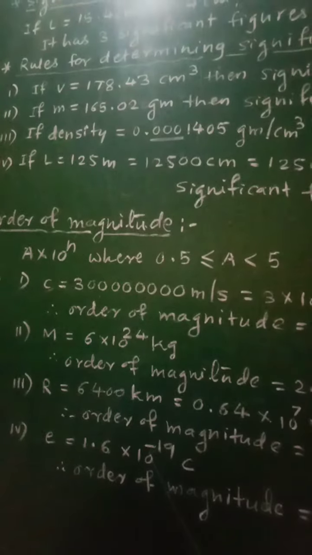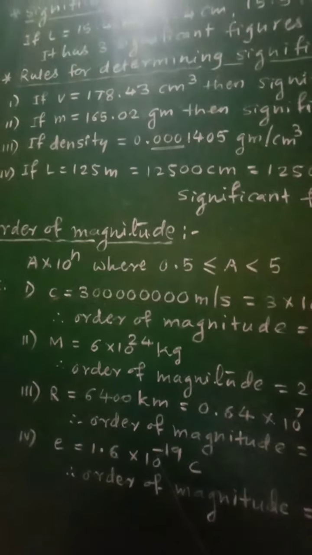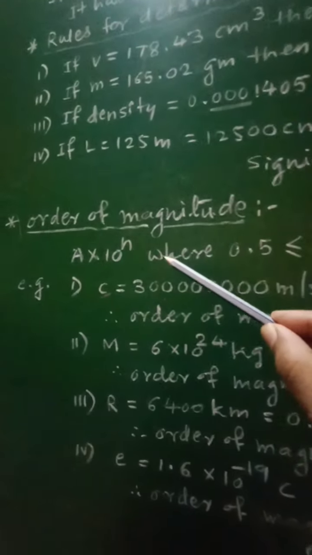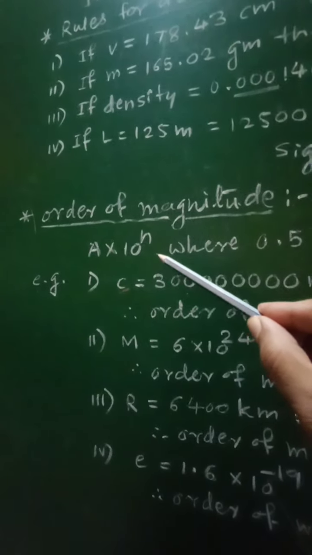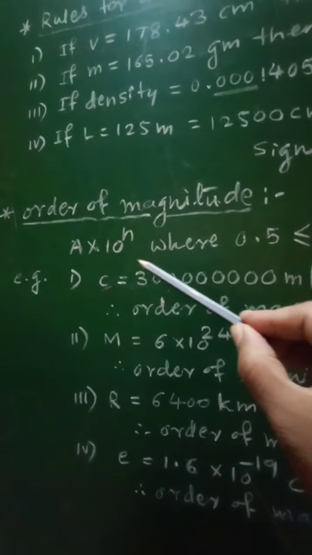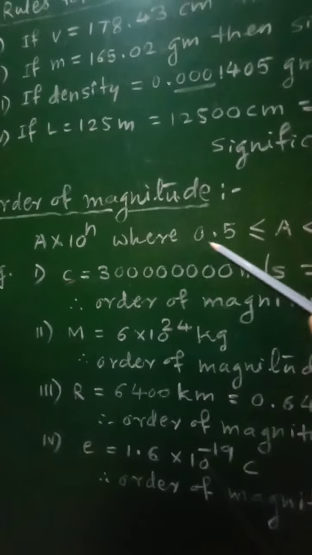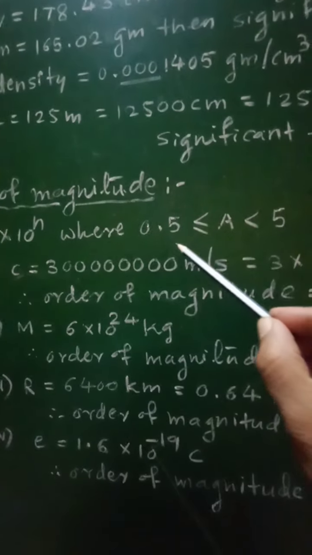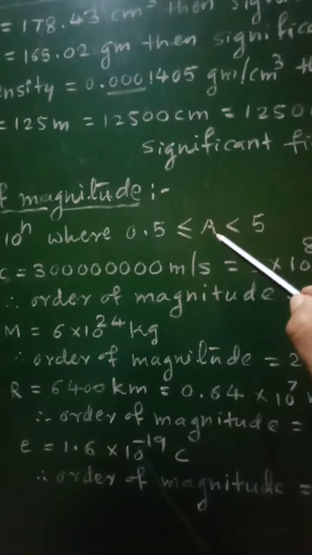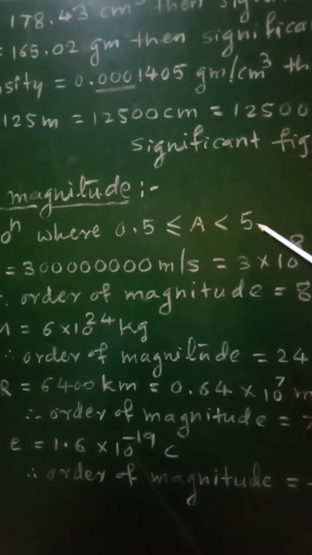The magnitude of any physical quantity will be expressed as A into 10 raised to n. Where that A, that is the value, will be given like this: 0.5 is less than or equal to A, and A is less than or equal to 5.